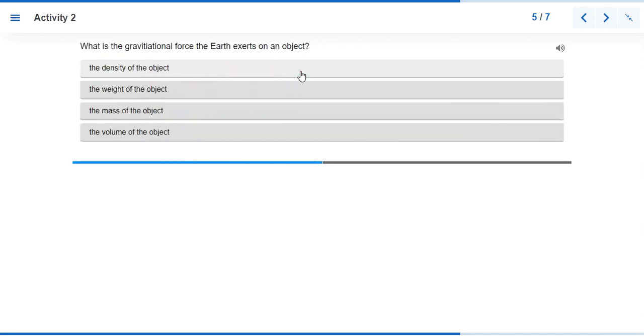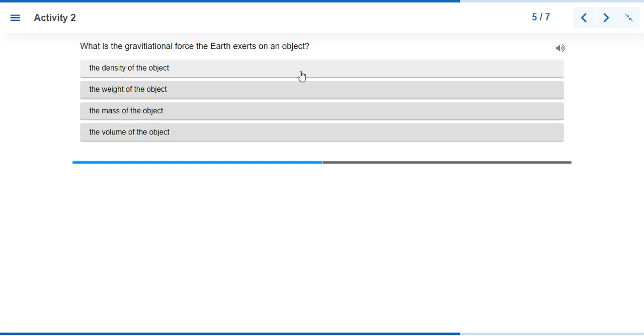Now, what is the gravitational force the Earth exerts on an object? Looking at the options, we have the density of the object, the weight of the object, the mass of the object, and the volume of the object. The density of an object is the mass per unit volume, so it has no relation with gravitational force. The mass of an object deals with the quantity of particles that it has, so it has nothing to do with gravitational force.